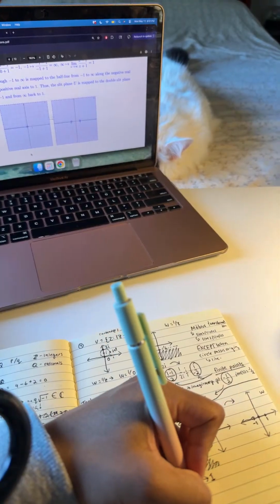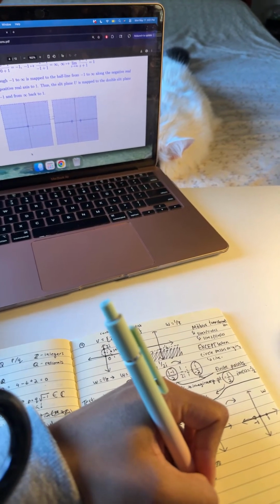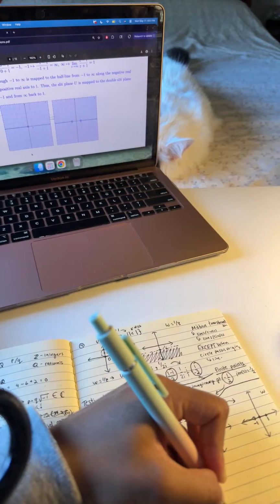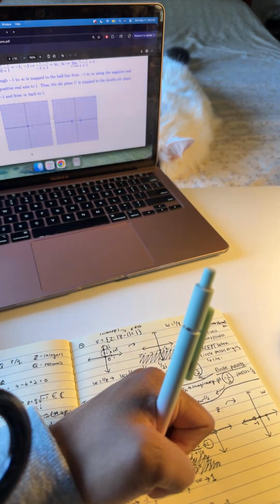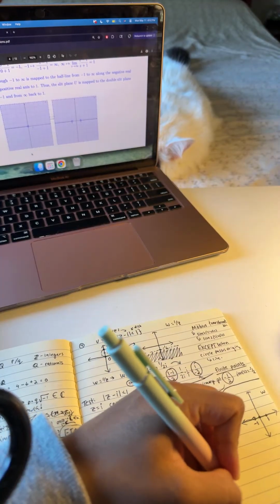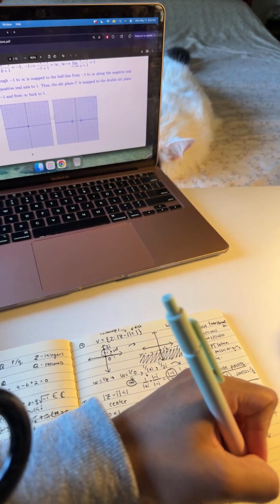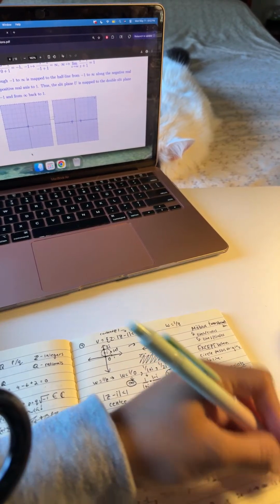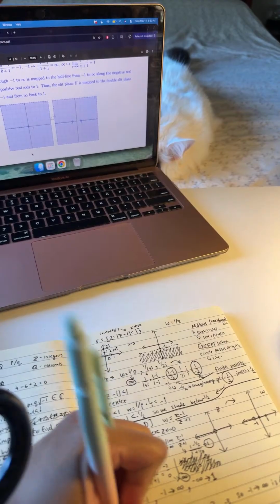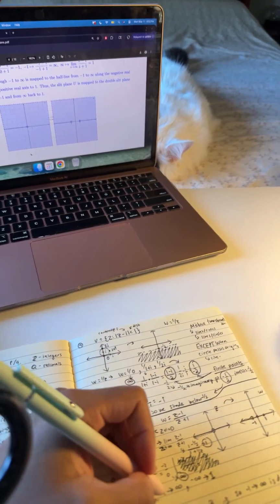That just gives us 3 over 2 times 2 over 1, -3. So we have -1 to infinity. So -1 to infinity is dotted. And then test number 2, we have -1 to infinity.